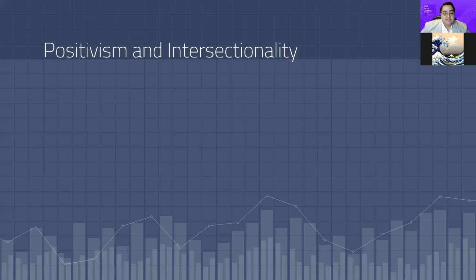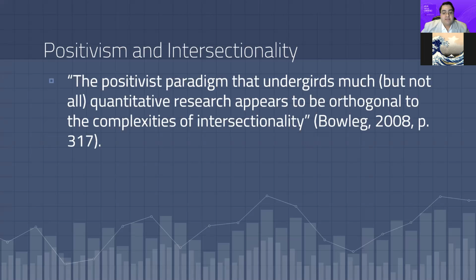And so if this is the case, then it may very well be that this positivist assumption is likely incompatible with intersectionality. As Bowleg states, the positivist paradigm that undergirds much of quantitative research appears to be orthogonal to the complexities of intersectionality. I don't know that I would go that far, but I think it's definitely something to consider when we question our assumptions about what epistemology means and how it influences the way in which we're conceptualizing intersectionality in our work.